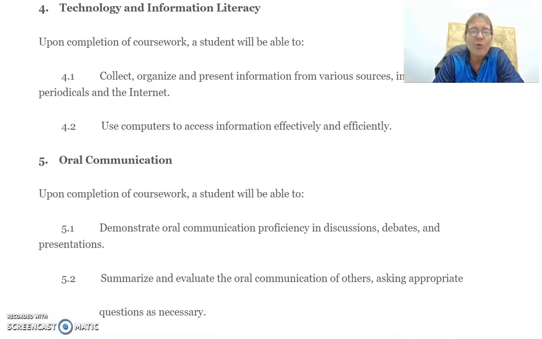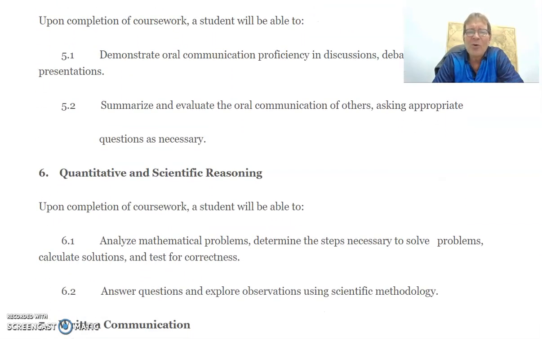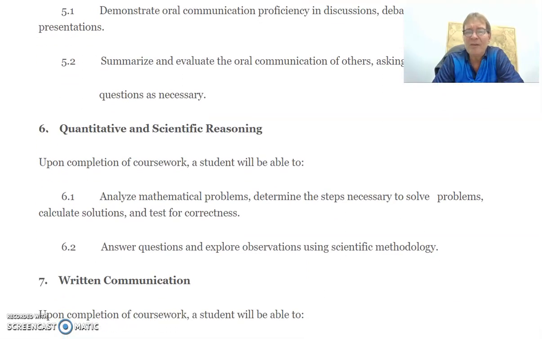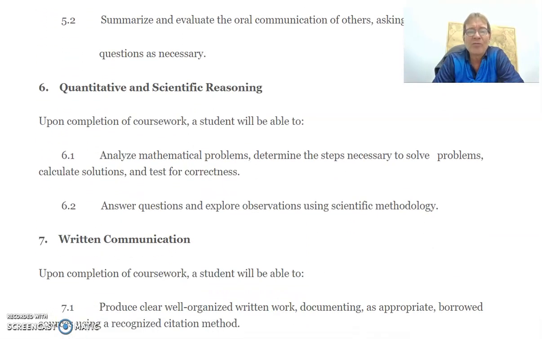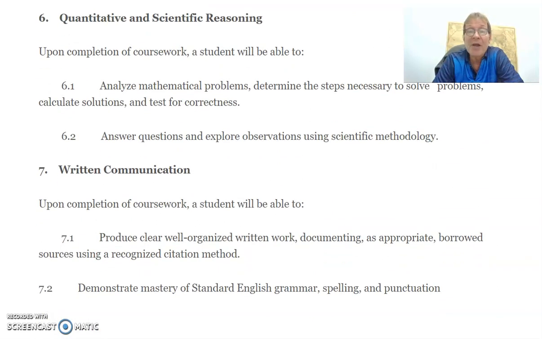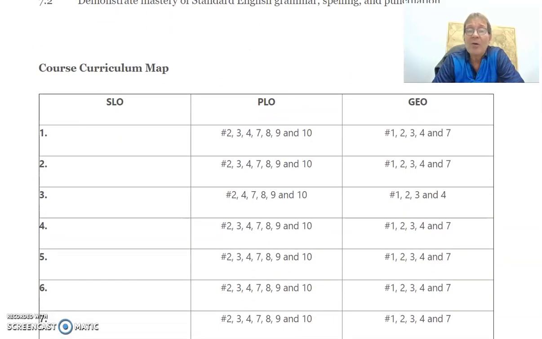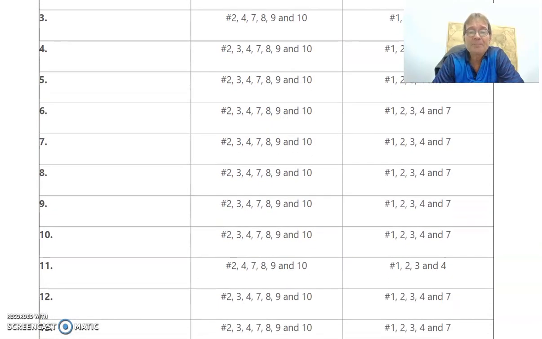We don't do much oral communication in here because it's online, and we don't really do any quantitative or scientific reasoning in this course. And there's a lot of written communication that goes on in HI 121. And here are all these different outcomes linked together.